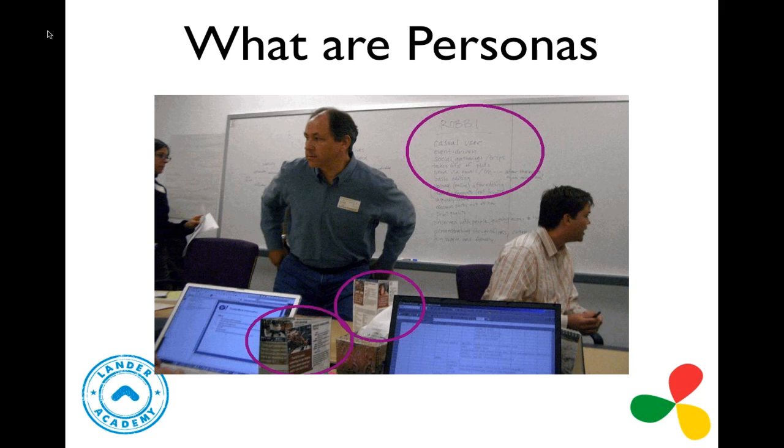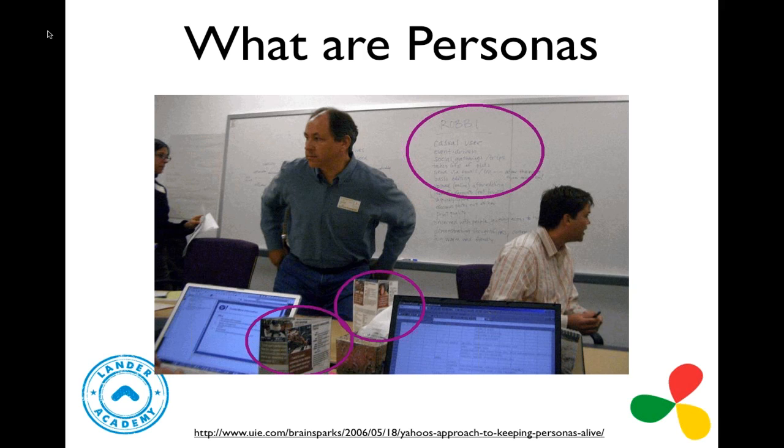And here I love this picture. I really, really love this picture because here you have the guys at Yahoo using their personas, and you have these triptychs, these leaflets, like a cheat guide, and they are not talking about the average user, which of course doesn't exist. They are talking, okay, what will Rob do here?